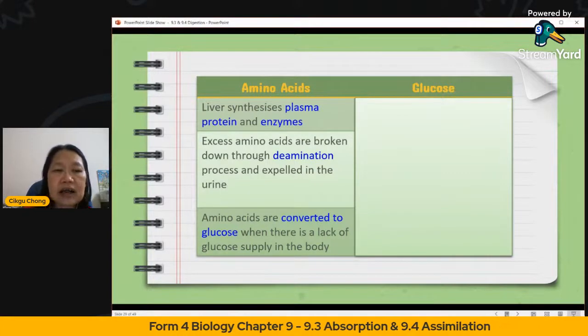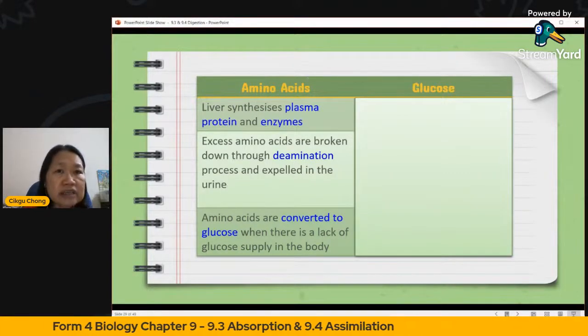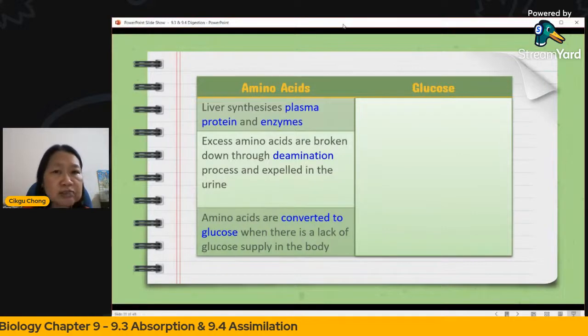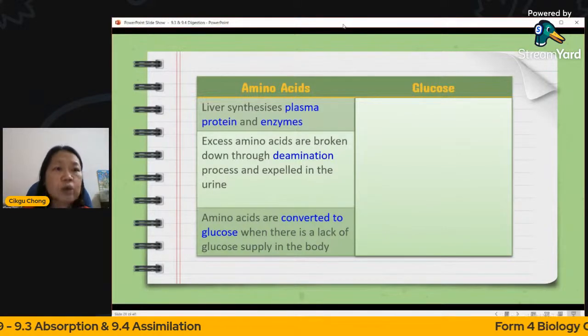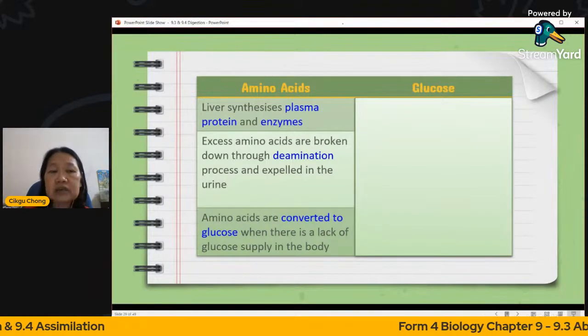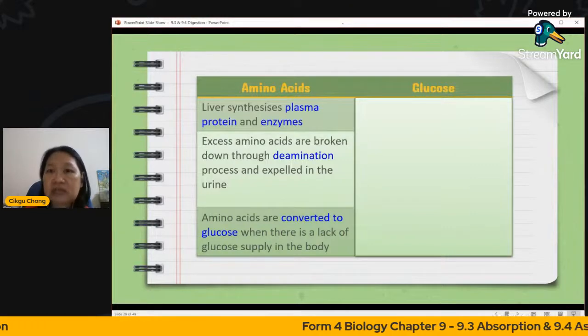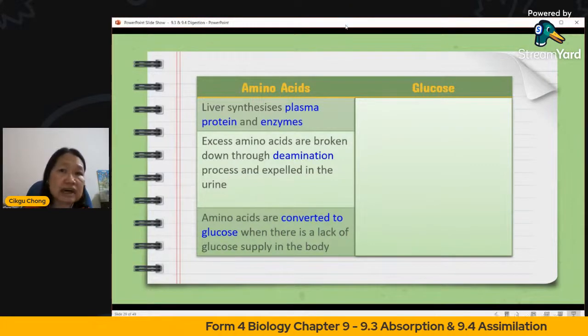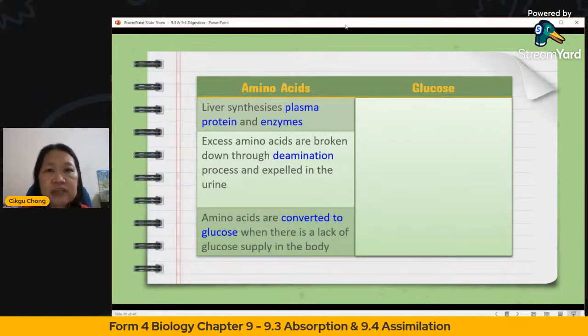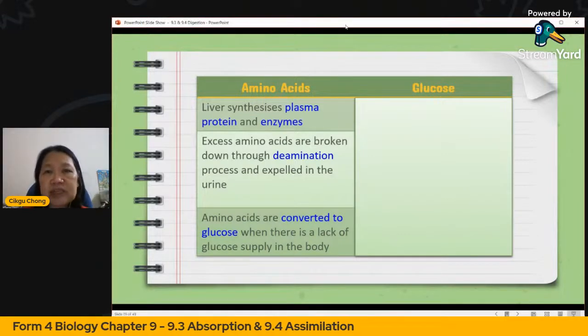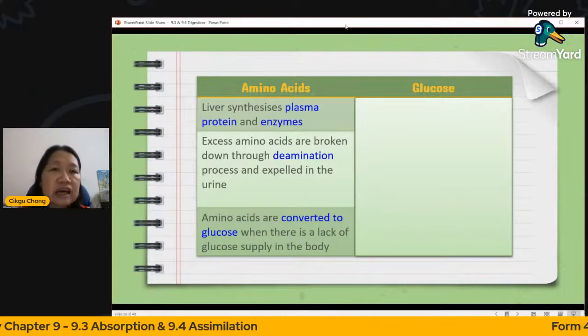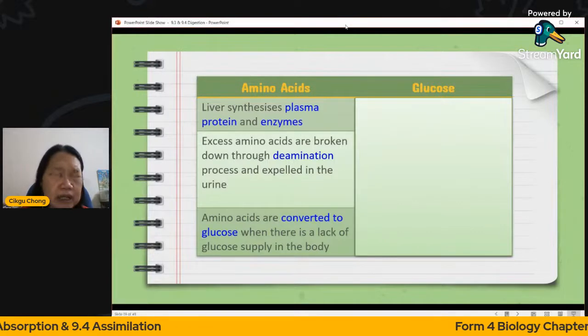Okay, and then when the body is under extreme stress or starvation, when there's not enough carbohydrate, your protein can also be oxidized to produce energy. But this is very extreme, in the sense that you are really starving for many days.